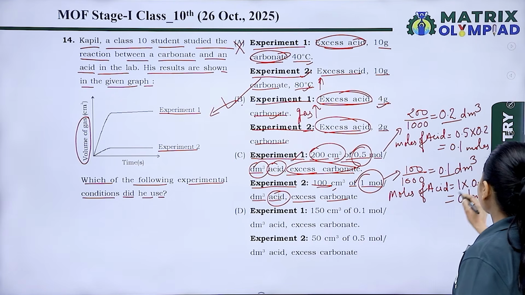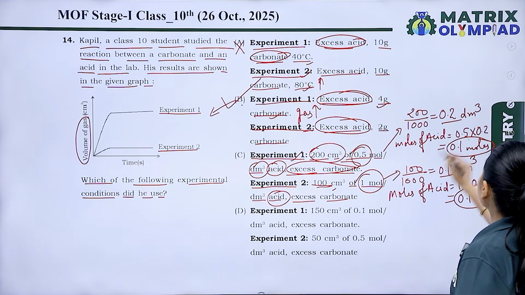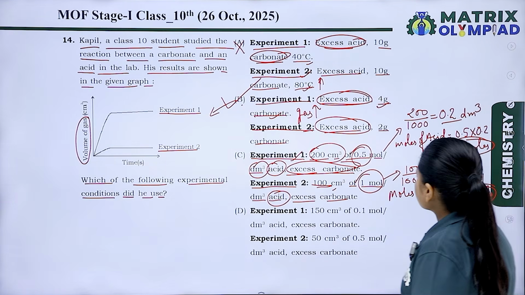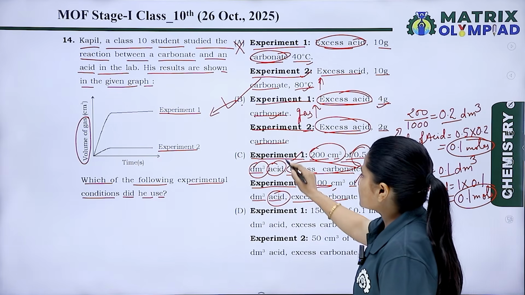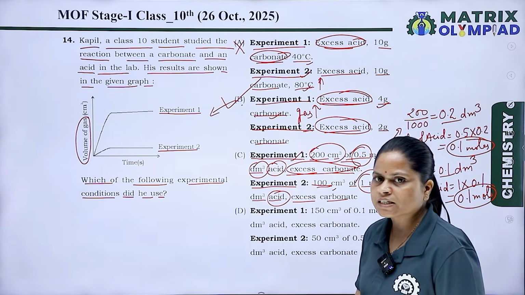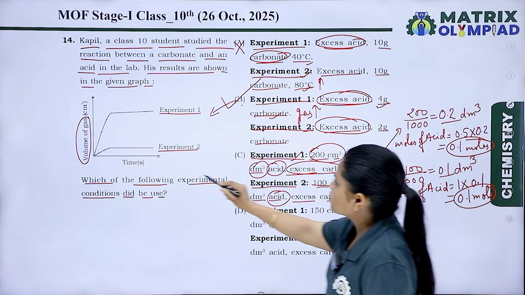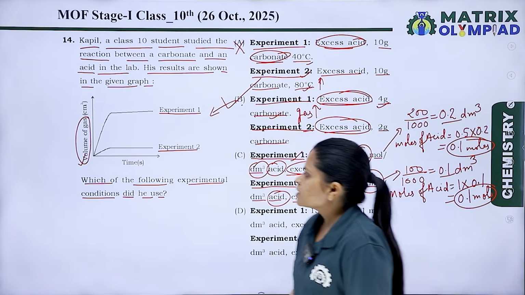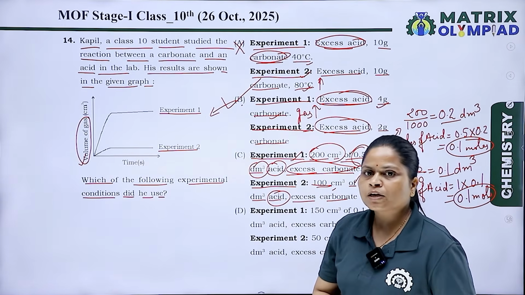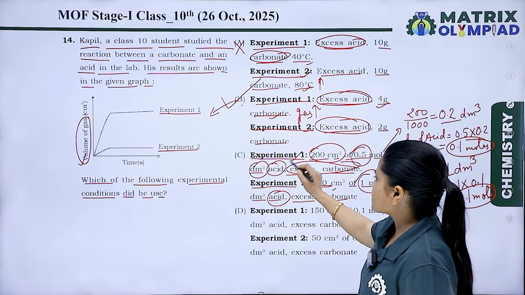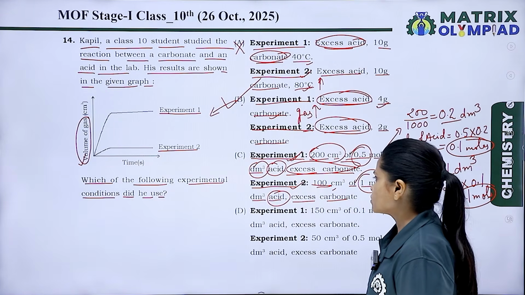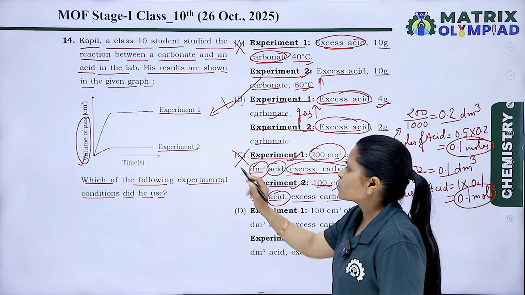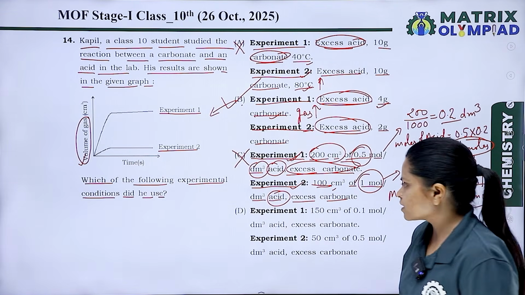As we find the amount of acid is the same here, the volume of gas produced will also be the same in experiments 1 and 2. So this also can't match the graph.